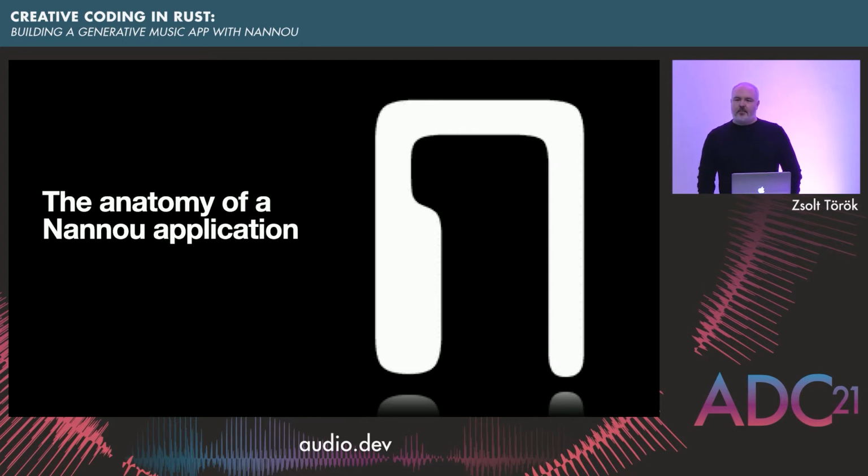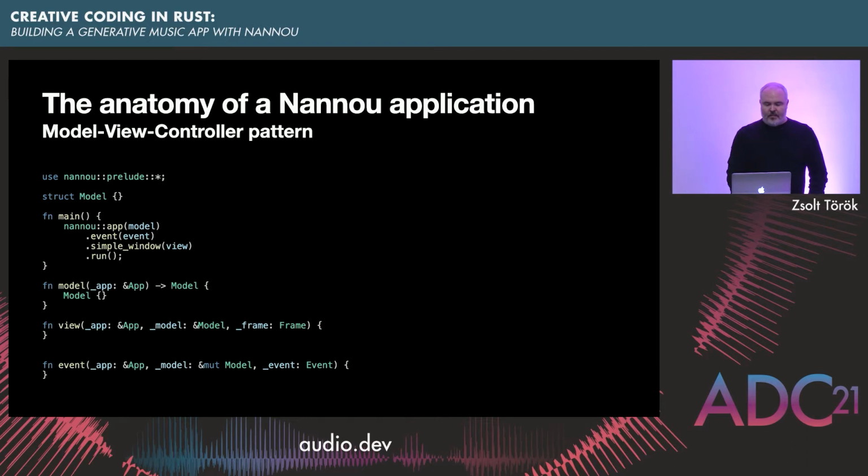Now, let's see what a Nannou application looks like. This here is the minimum viable Nannou app. This compiles, this runs. It doesn't do anything terribly exciting. It opens the window. But I think it's a good way to start familiarizing ourselves with the overall structure of things.